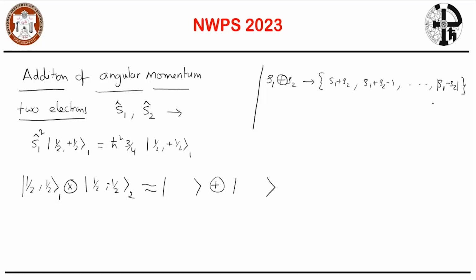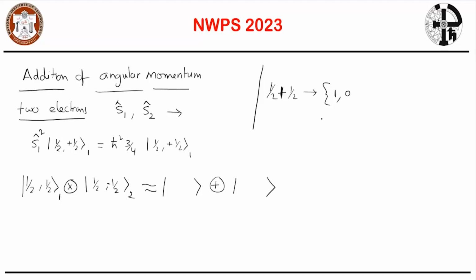Have you seen this kind of expression? Yes, sir. If this is the case, you should know that when I add half and half, the possible spin values are, you add both of them first, 1. After that, in steps of 1, I have to go.